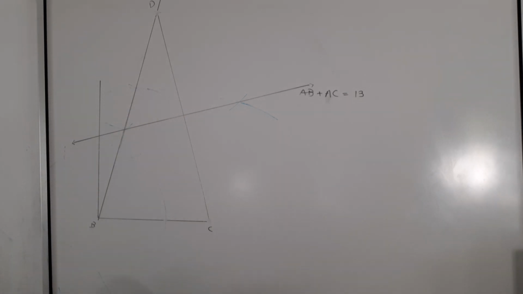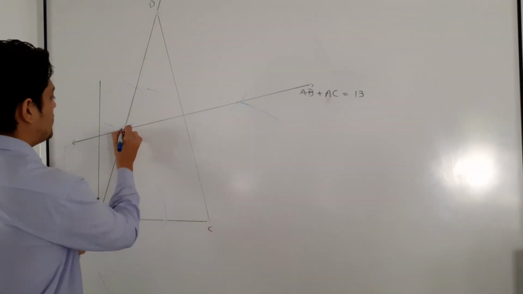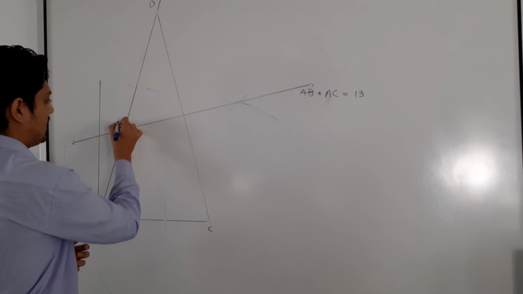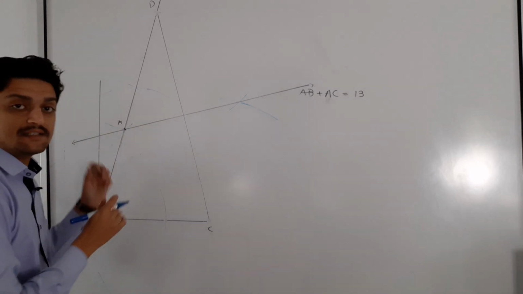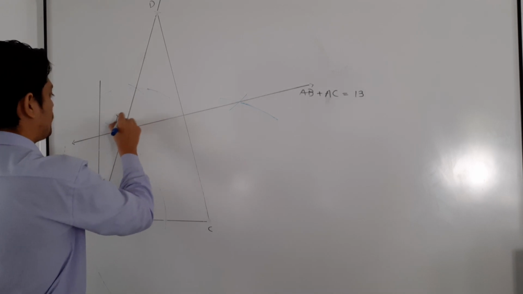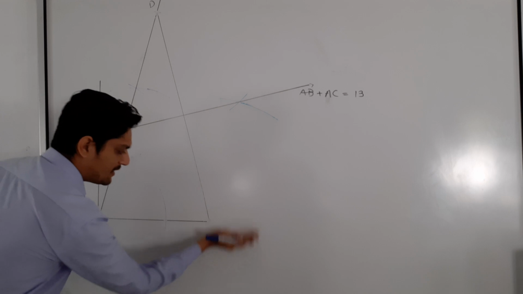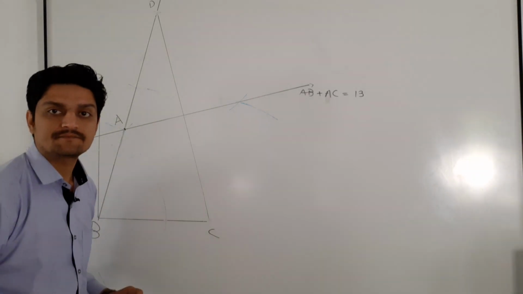Let this point be A. This notation you cannot change. Let me write in big font. Now this is A, this is B, and this is C.